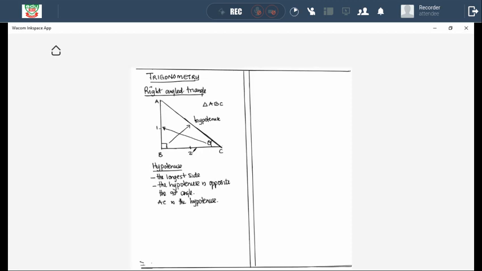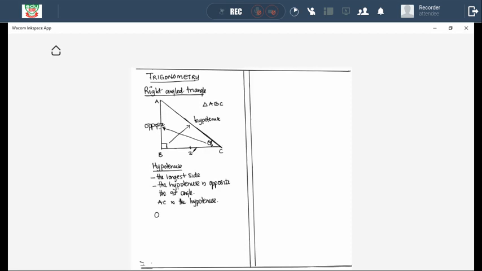So AB, we call it the opposite. Now, the opposite is always that side which is furthest from the reference angle. So if my reference angle is there as theta, now the furthest side is AB. We call it the opposite.